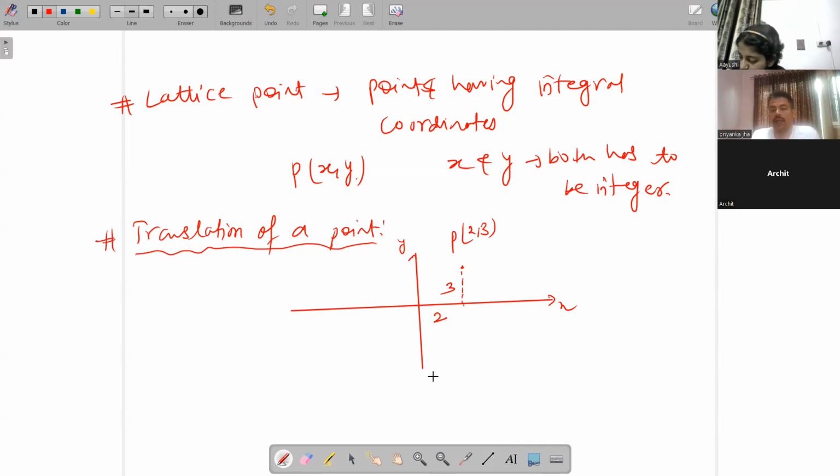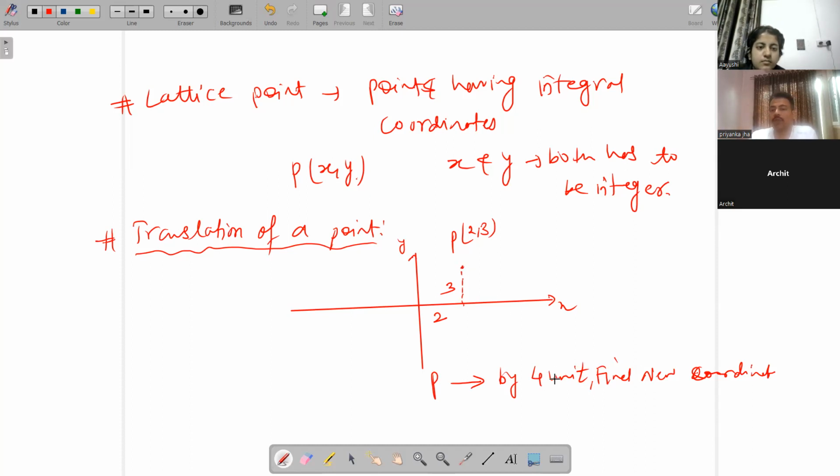Now I say that P goes right by 4 units. Then find the new coordinate. So we know that right means along positive x-axis. Up means along positive y-axis. Left means along negative x-axis. Down means along negative y-axis.